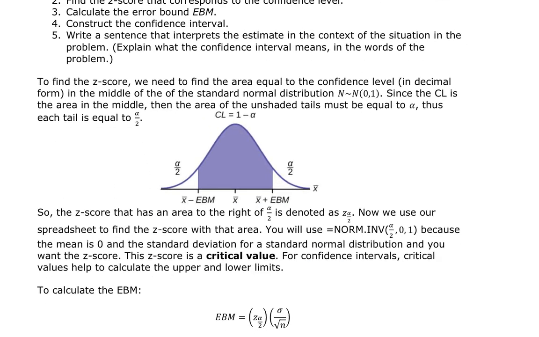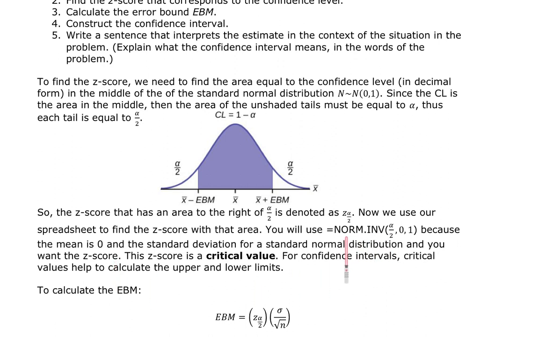So the z-score is actually a z alpha divided by 2 score, so we label it z alpha divided by 2. We'll use our spreadsheets to find that z-score, and the way that we will do that is norm.inv, and then we will put in our alpha divided by 2, 0 and 1. Because the mean is 0, the standard deviation is 1.